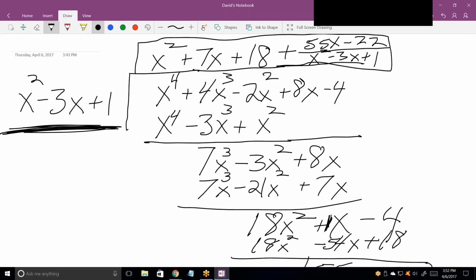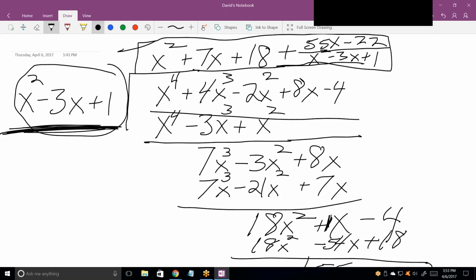In other words, if I were to take this trinomial and multiply it by that quadratic and remainder, I get that quartic. That's always true when you're dividing anything. If I divide A into B and get C, then A times C better be equal to B.